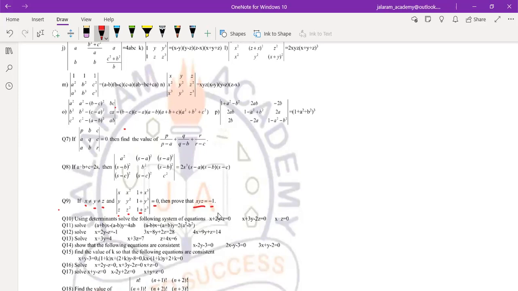Clearly, we will use the switching property as the third column has two elements each, 1 plus x cube, 1 plus y cube, 1 plus z cube.